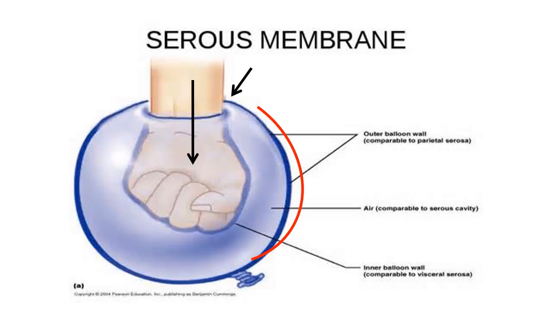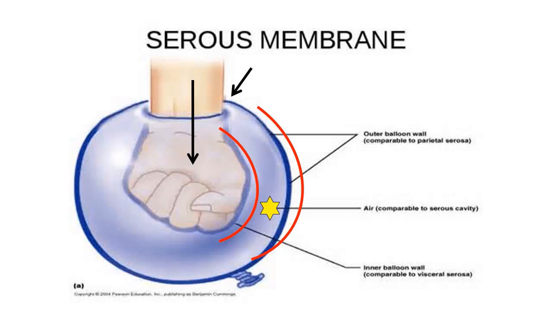Then at the point of invagination there is a reflection of the serous membrane, and the serous membrane starts to line the organ, whether it is a lung or a heart or a small intestine. The one at the periphery is called the parietal membrane, and the one covering the organ is called the visceral part of the membrane.